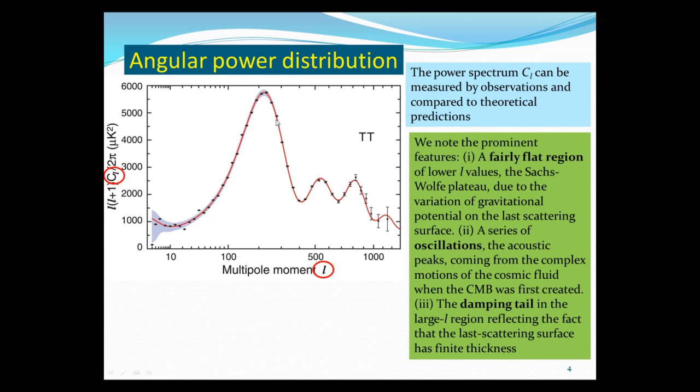And then there's a whole series of oscillations, sometimes called baryonic acoustic oscillations. These come from the complex motion of the cosmic fluid when the CMB was first created. And then the damping tail for large l simply reflects the finite size of the last scattering surface.